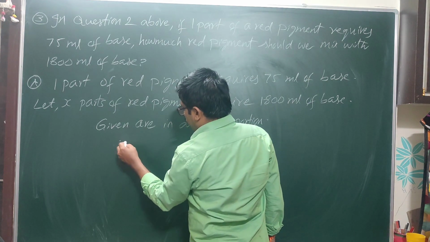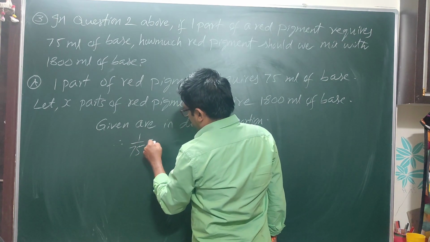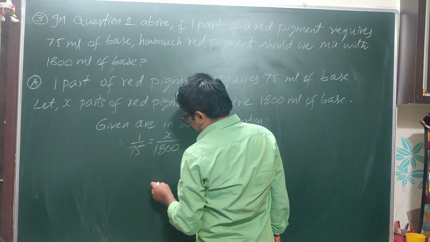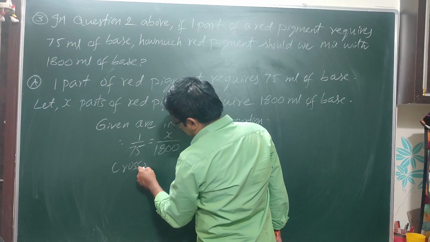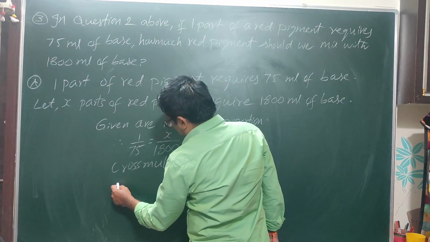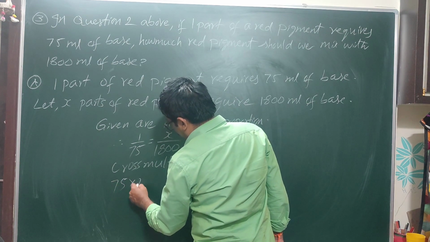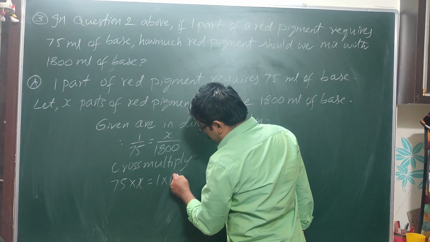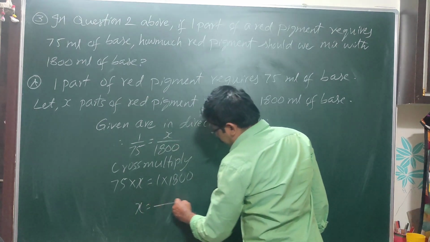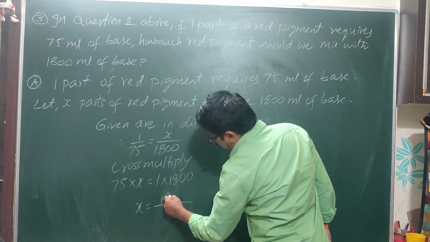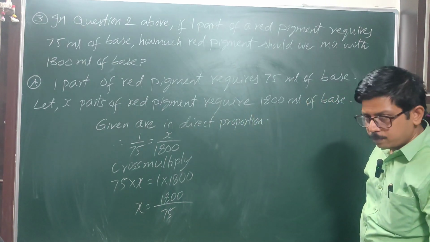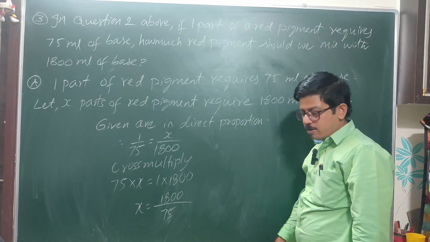Therefore 1 by 75 equal to x by 1800. Cross multiply: 75 into x equal to 1 into 1800. Now x equal to 1800 by 75. So we can directly divide with 75.